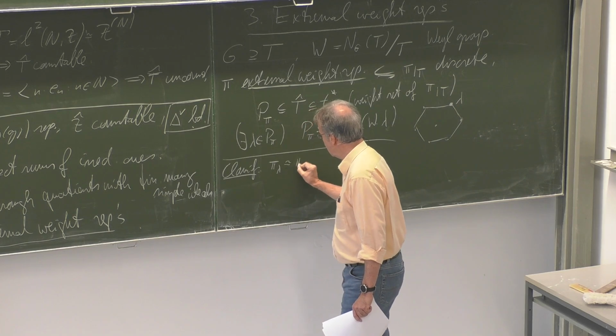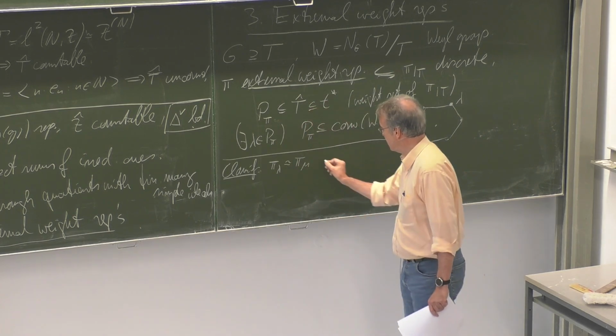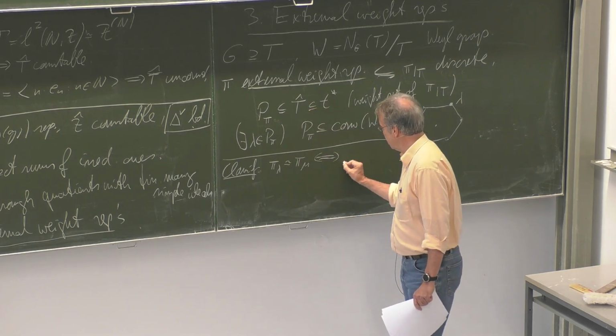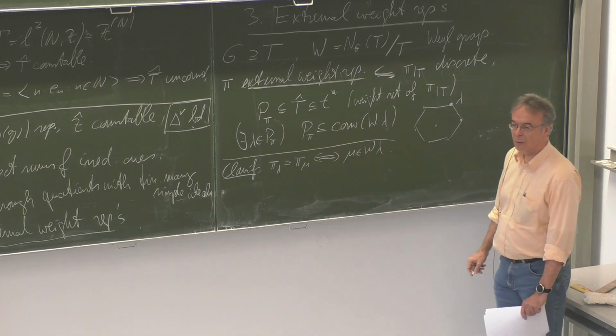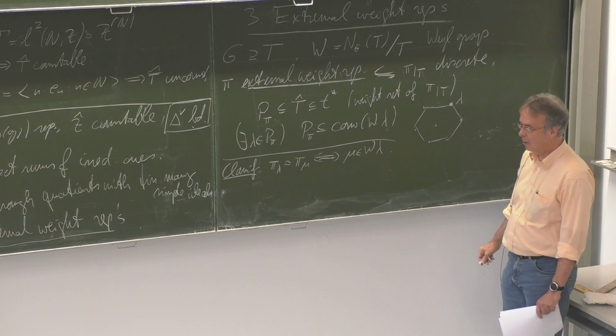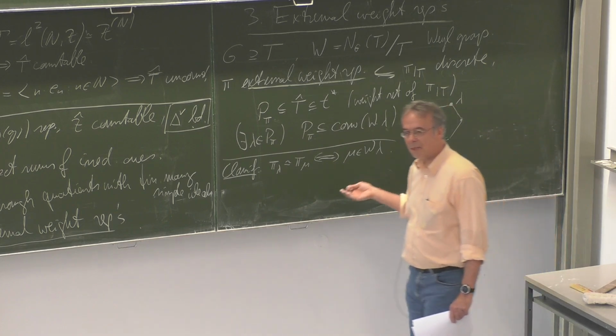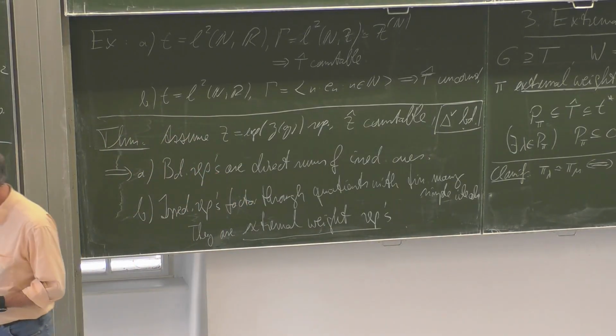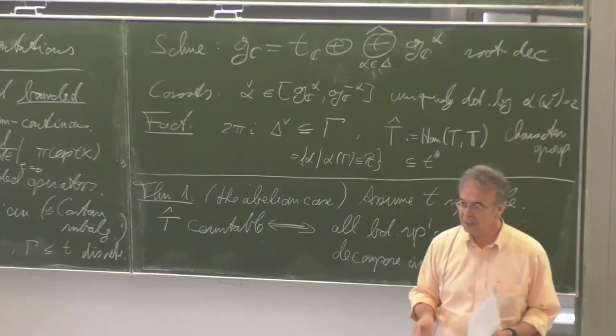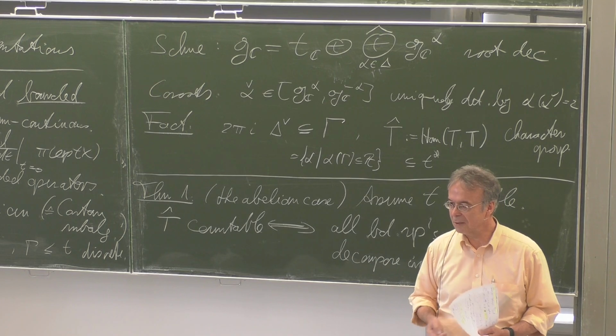So if you have two such extremal weight representations, they are equivalent if and only if U is contained in the Weyl group orbit of lambda. So your parameter space is the set of weights of the maximal torus modulo the Weyl group action.